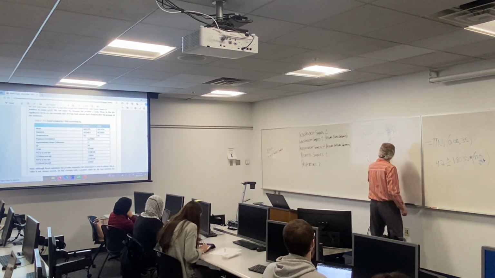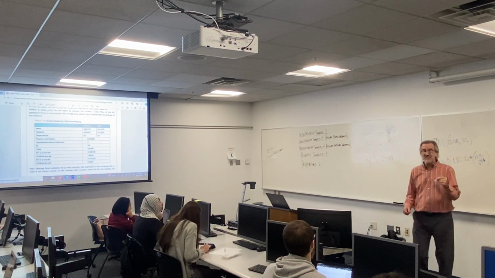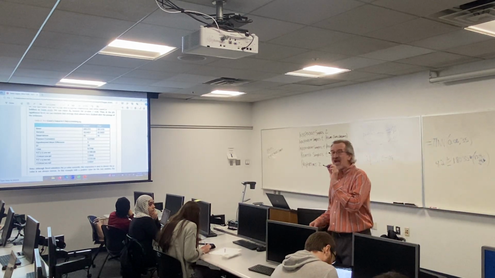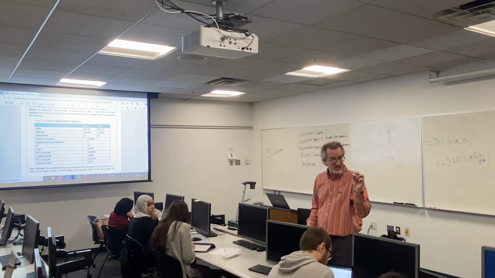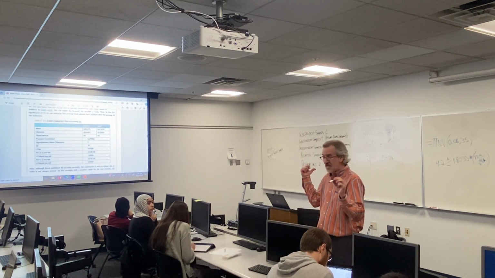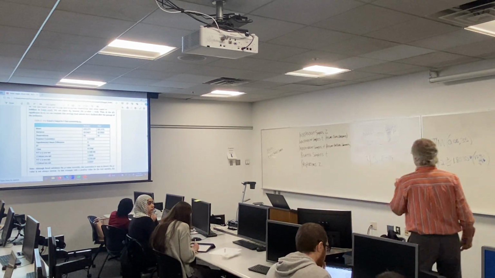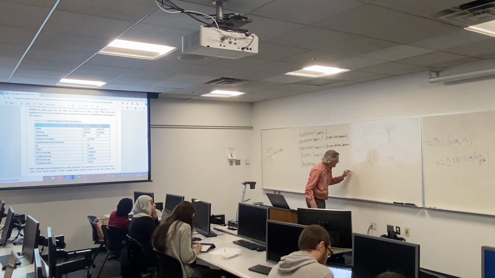4.31 E negative 08. On your calculator, that means the decimal is 8 places to the left. Negative means the decimal is really to the left that many places, whatever the number is after it. If that's positive, it'd be decimals to the right. But this is to the left. So I have to move that decimal 8 places to get the real number. Ready? 0.